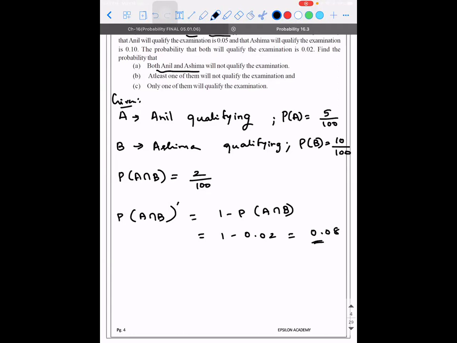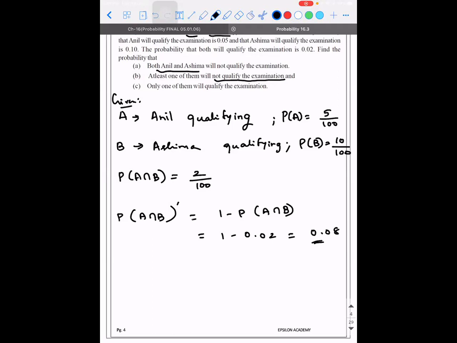Right? Now, at least one of them will not qualify the examination. This is the trickiest part. At least one of them will not qualify means what? Minimum of one won't qualify. At least means what? Either A should not clear or B should not clear or both should not clear simultaneously.